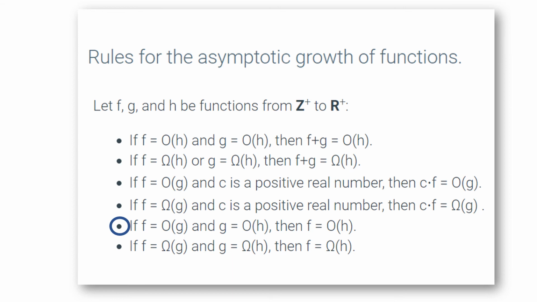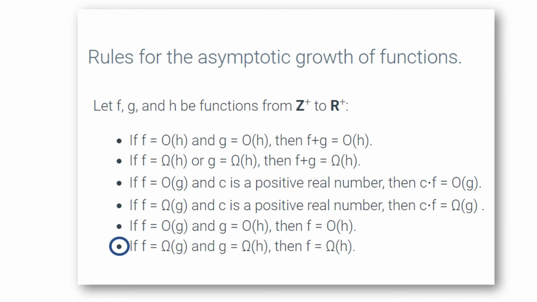So f is O of h. See how this is different from the first one. We're not saying both f and g are O of h. We're saying f is O of g and g is O of h. Then, if that's true, we can say that f is O of h.